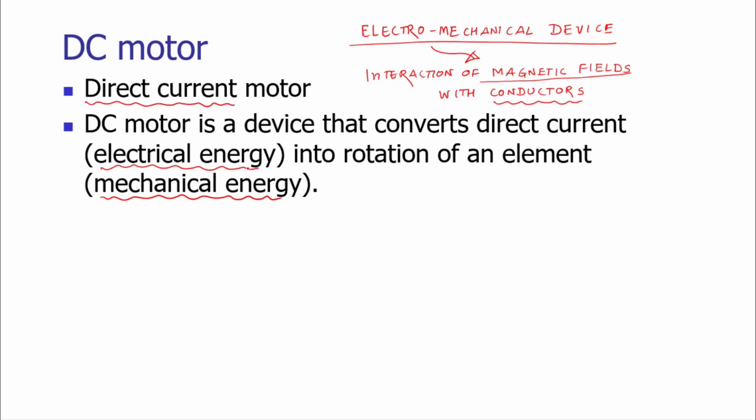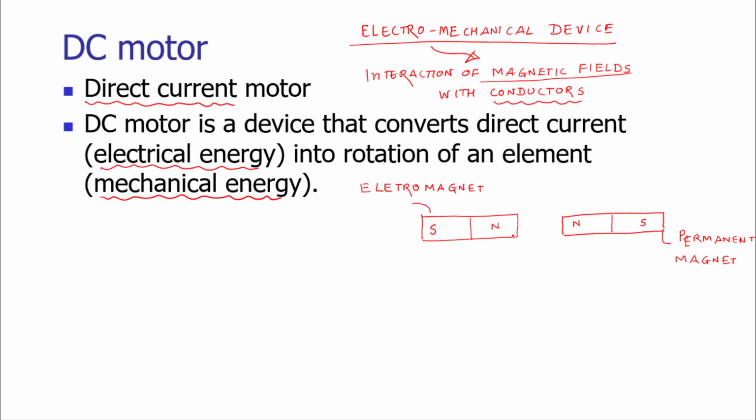Well, how does it work? The principle is very simple. Consider we are having a magnet. So this is a permanent magnet. If we take another magnet and let us consider this magnet is an electromagnet. So this element gets the magnetic properties when it is energized by electricity. In this situation, as we know, similar poles repel each other.